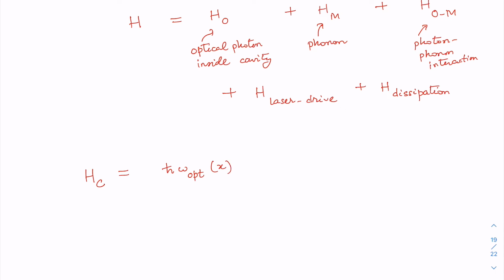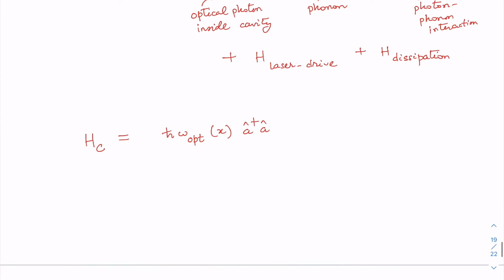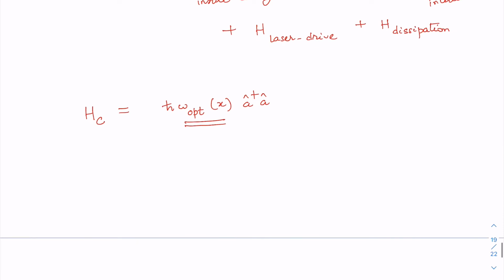This is the energy of an optical photon, multiplied by the number of photons having the same frequency. This is the Hamiltonian, but the optical mode frequency here depends on the displacement of the mirror.